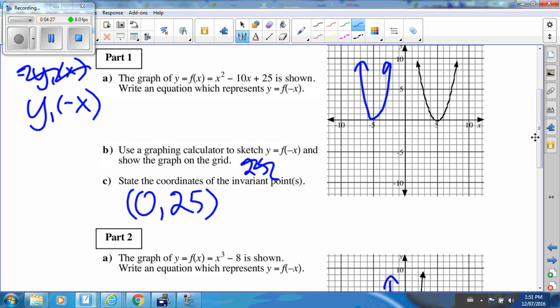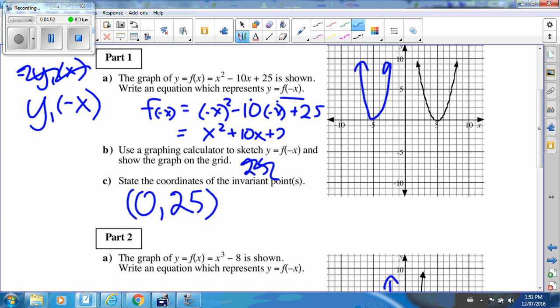And actually, I'll show you this algebraically. This would be f at empty bracket equals empty bracket squared minus 10 empty bracket plus 25. And in my empty bracket, put negative x. So in this case, this is going to be x squared still. Negative x squared is still just x squared. But negative 10 times negative x is going to become positive 10x plus 25.